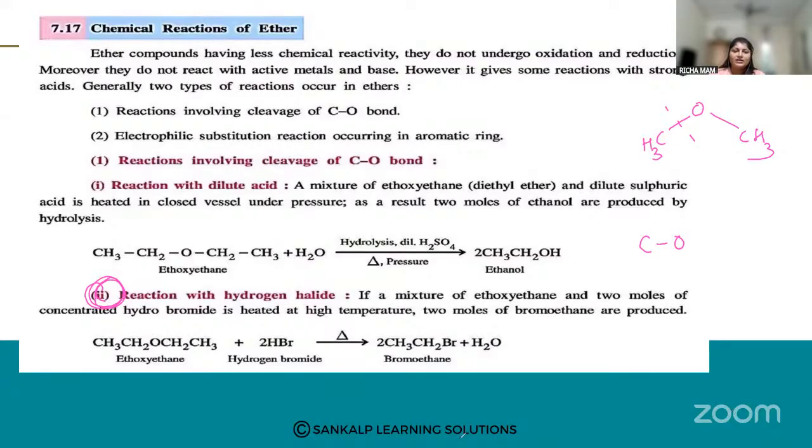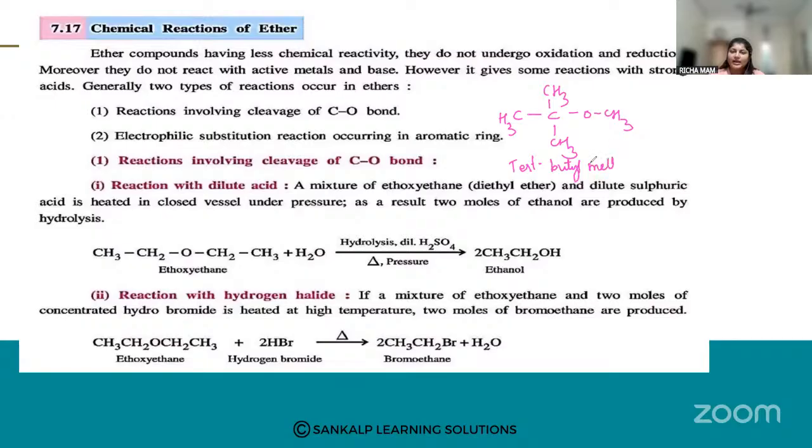I have taken a symmetrical ether, so I will give you an example of an unsymmetrical ether. Suppose I have CH3-C(CH3)2-OCH3. What is the name here? It is tertiary butyl methyl ether, reacted with hydrogen iodide.